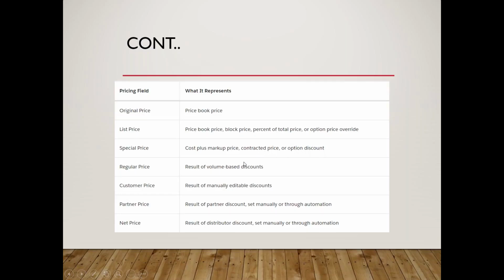And then we start with discounting. Option discount is also impacting special price. Then regular price is volume based discount, customer price is manual editable discount, partner discount will be partner price, and finally you get net price, your final price. So this is a top down model. Let's discuss one by one and then we'll combine all these things together.